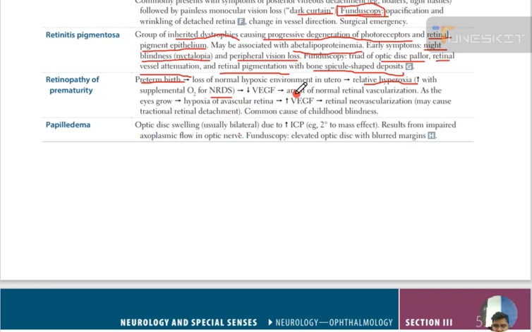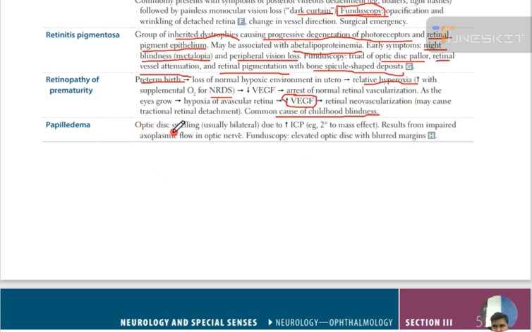So when the child is exposed to relative hyperoxia, there is increased VEGF, vascular endothelial growth factor, and there would be retinal neovascularization, which would result in tractional retinal detachment, and it is the common cause of childhood blindness.